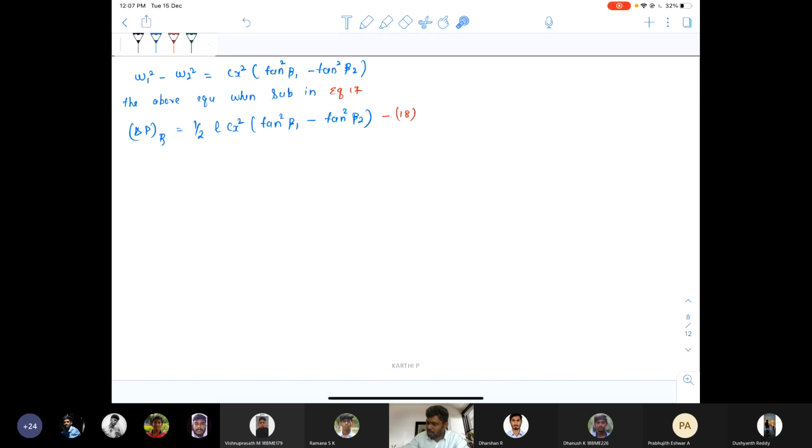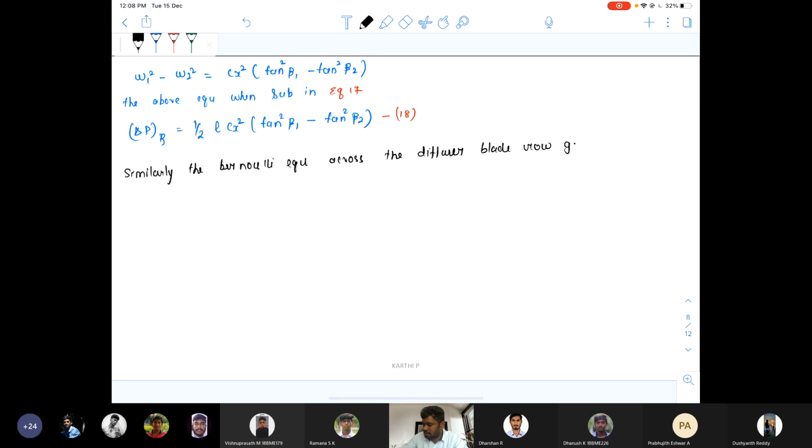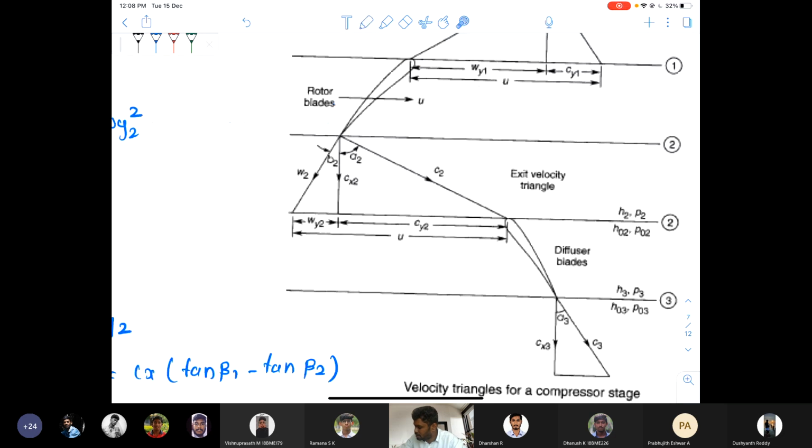So similarly, Bernoulli's equation across the diffuser blade gives, this is the diffuser blade.